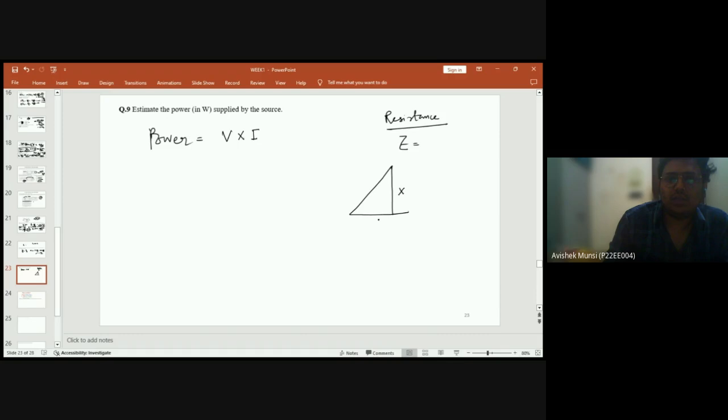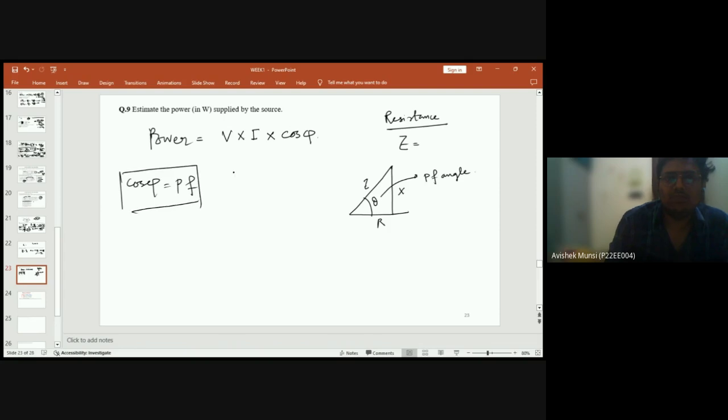If this is X, this is R, and this is Z, this angle theta between X and R will determine the power factor angle. So if we have a power factor angle between voltage and current, then the power is VI cos phi. Cos phi is the power factor.